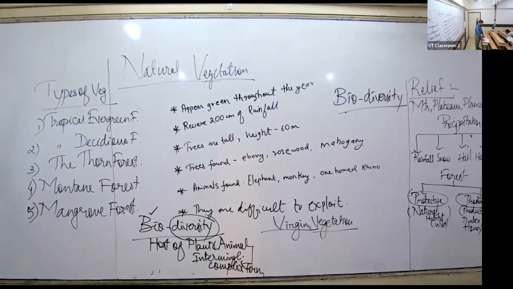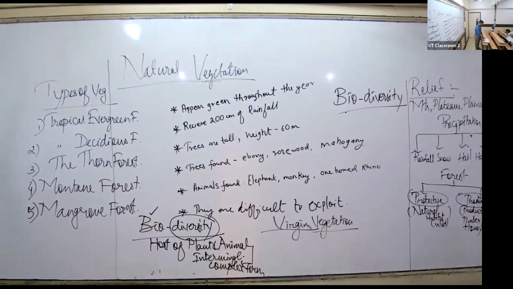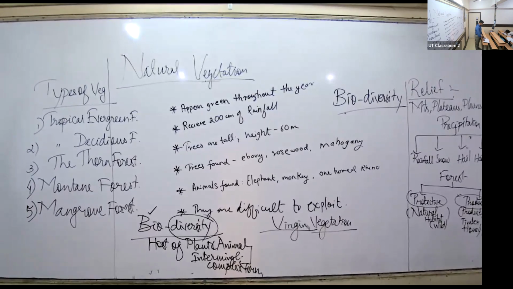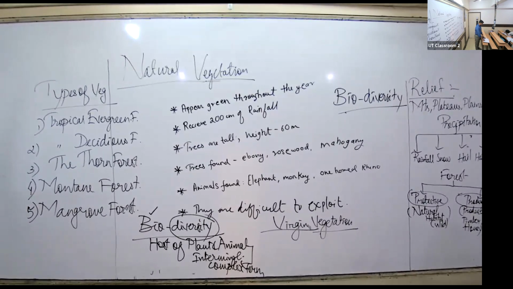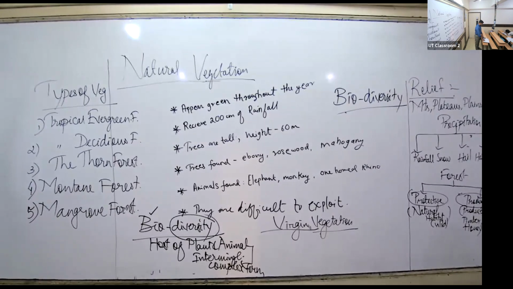Virgin vegetation refers to such forest and vegetation which are grown without the human involvement.